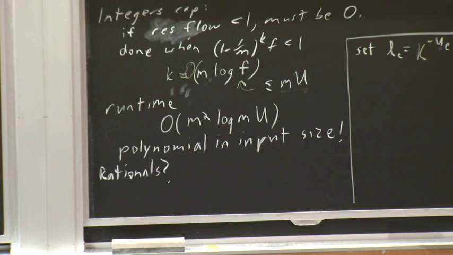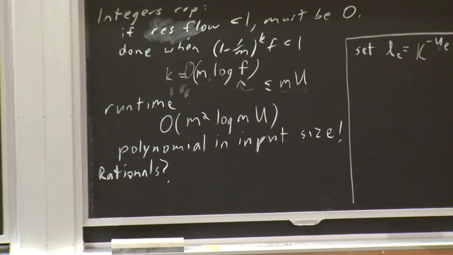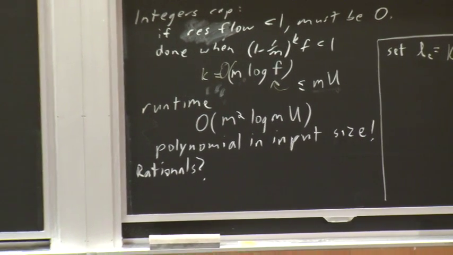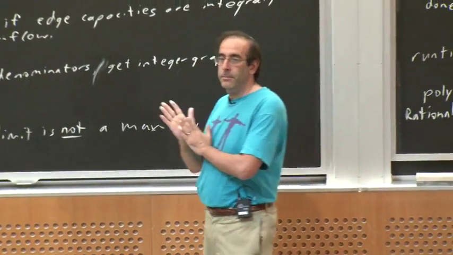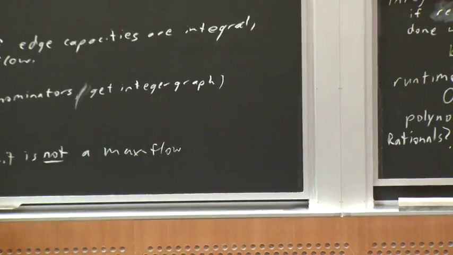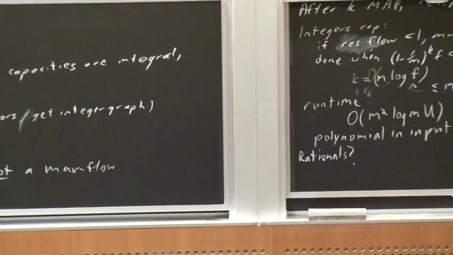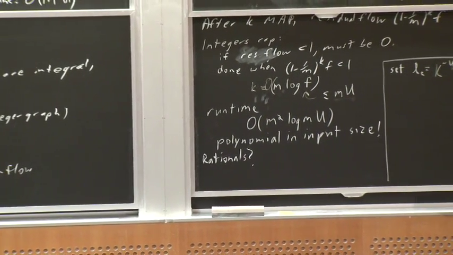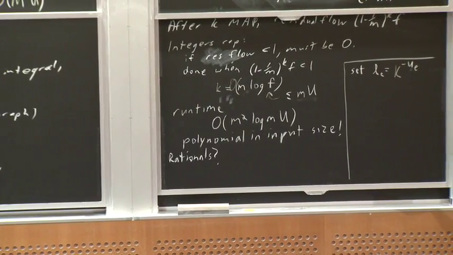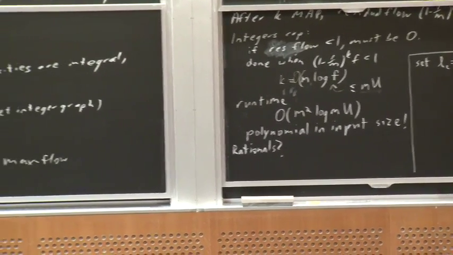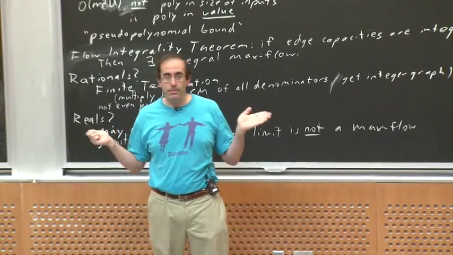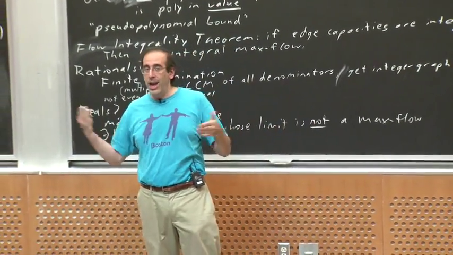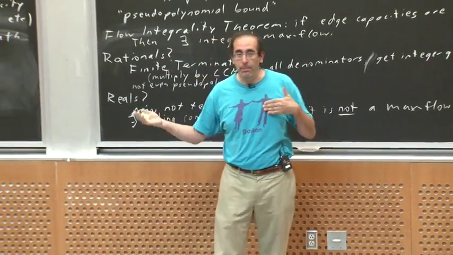Right? We had a good answer for integers, but what about rational numbers? Okay, so now imagine we multiply out all the denominators, right, by the least common multiple. And so now we have an integer problem. Right? This hasn't changed anything that's going to happen in the algorithm.